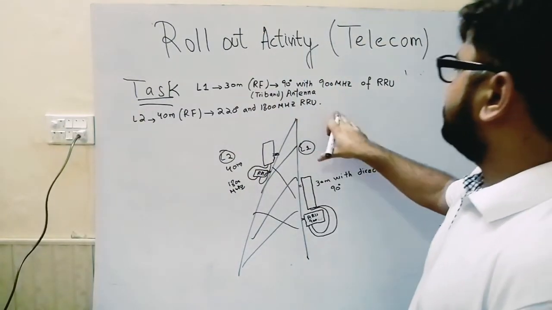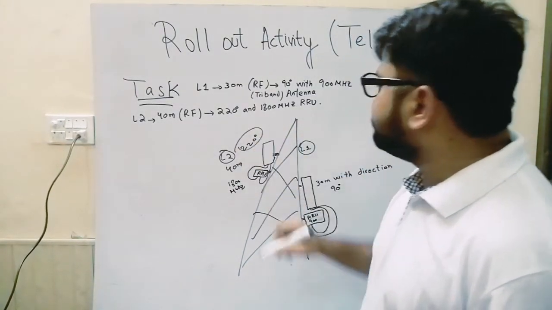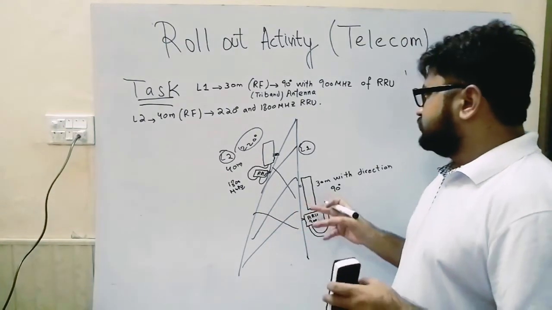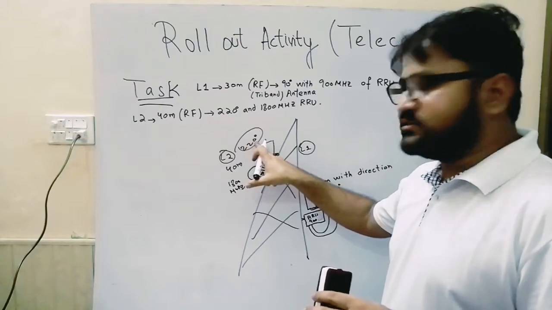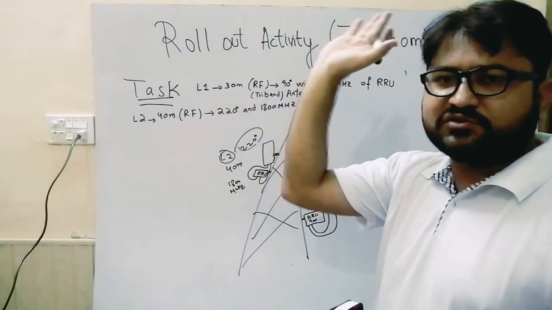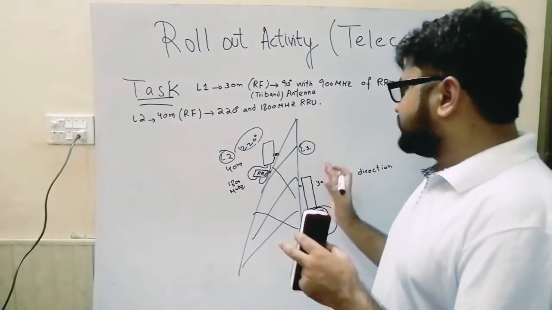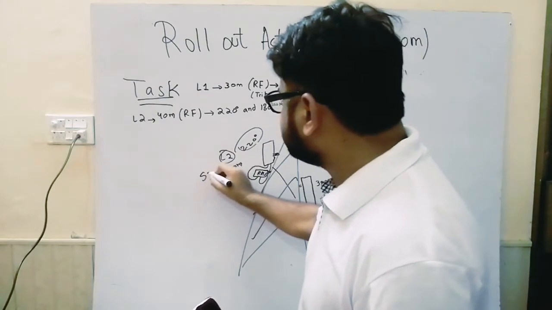And for the direction, check the direction from the compass. You can check where the direction 220° lies. There you can face the direction of the antenna towards 220° to make the transmission path clear for the direction of sector 2.